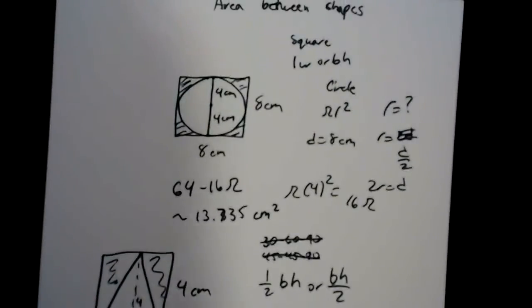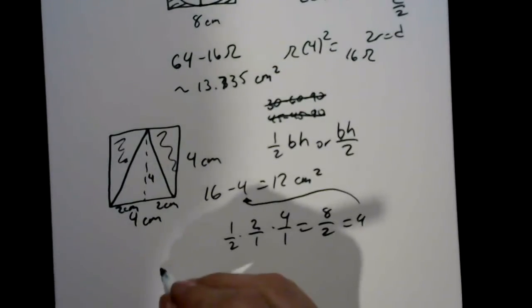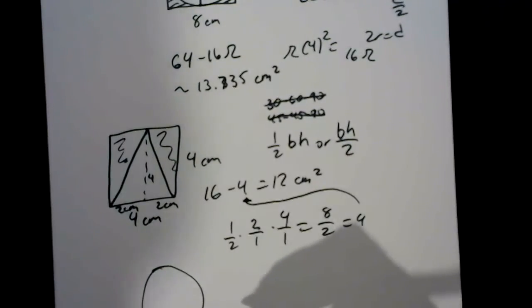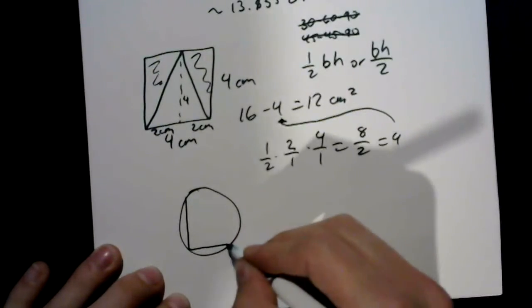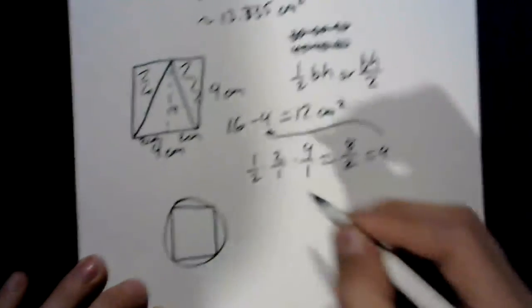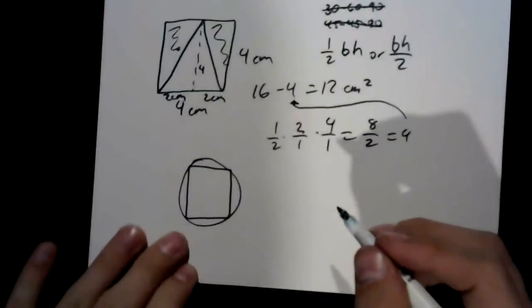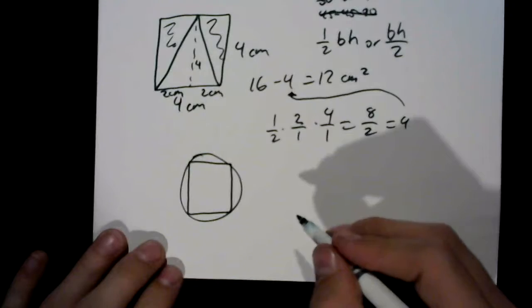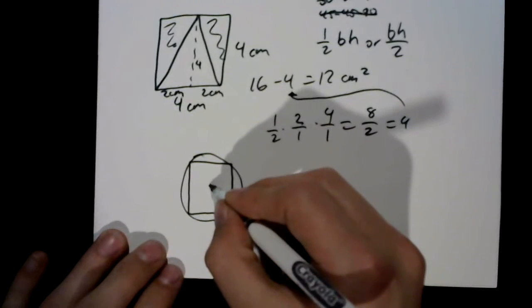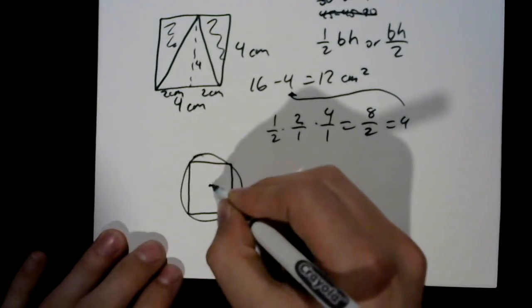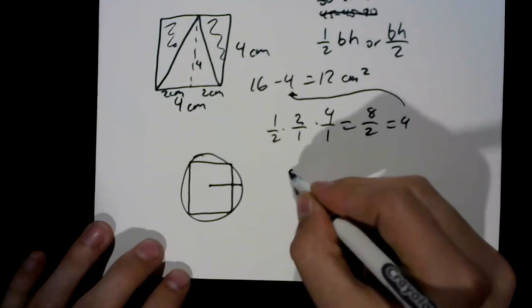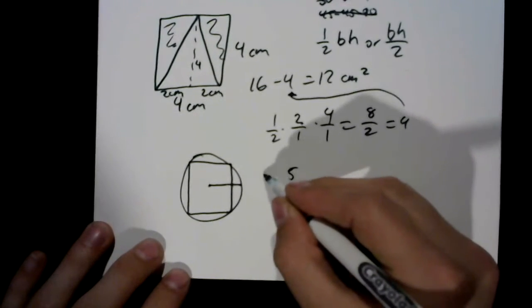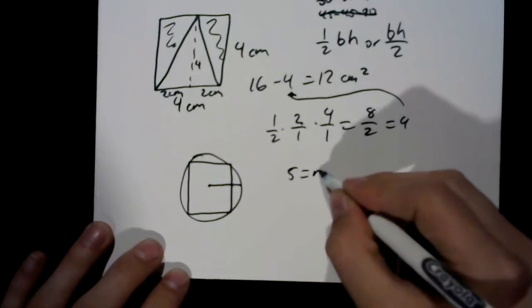Like the example above, they could do the exact opposite. They could give you a circle. It's not really circular, but it's close enough, and they can give you a square in the middle of it. So let's say they give you the radius of the circle is 5.